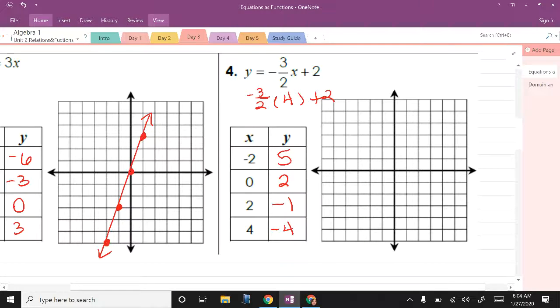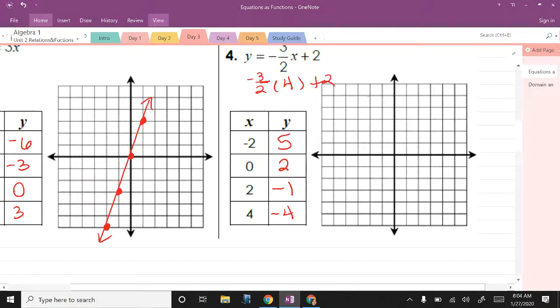Is that so bad? No, not so bad. And what should happen when I graph them? Yeah, so left 2, up 5, 0, 2, 2, negative 1, and 4, negative 4. And I think those do.